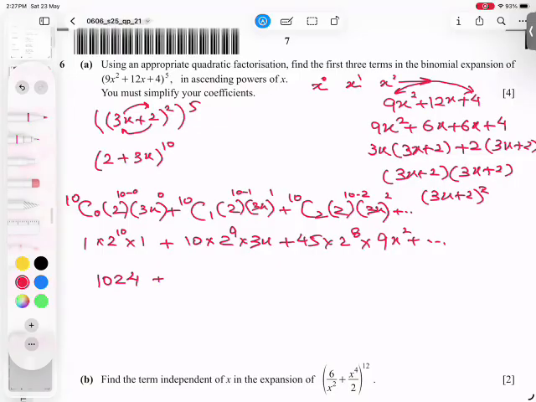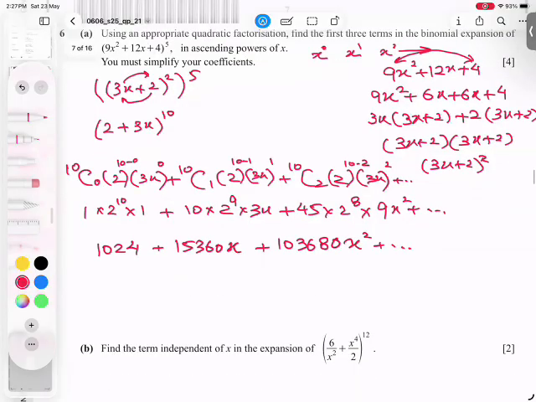And 2 to power 9 multiplied with what? With a 30. And we are getting 15360x. 45 times 9 times 2 to power 8, and we are getting 103680x to power 2. And that's it. Question is completely done.